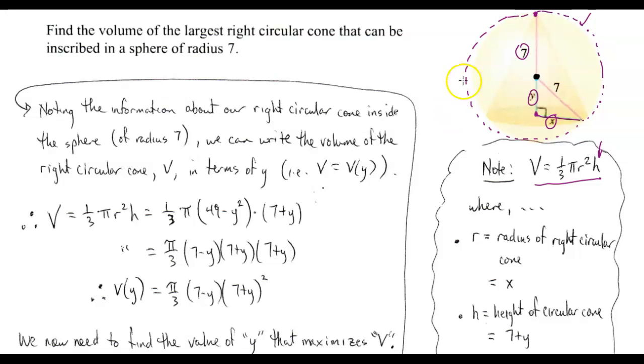So if we go in this direction and hit the surface of the sphere, that length is going to be 7. And you see here, we've made a right triangle with the radius of the sphere, this portion of the height of the right circular cone, and the radius of the right circular cone.